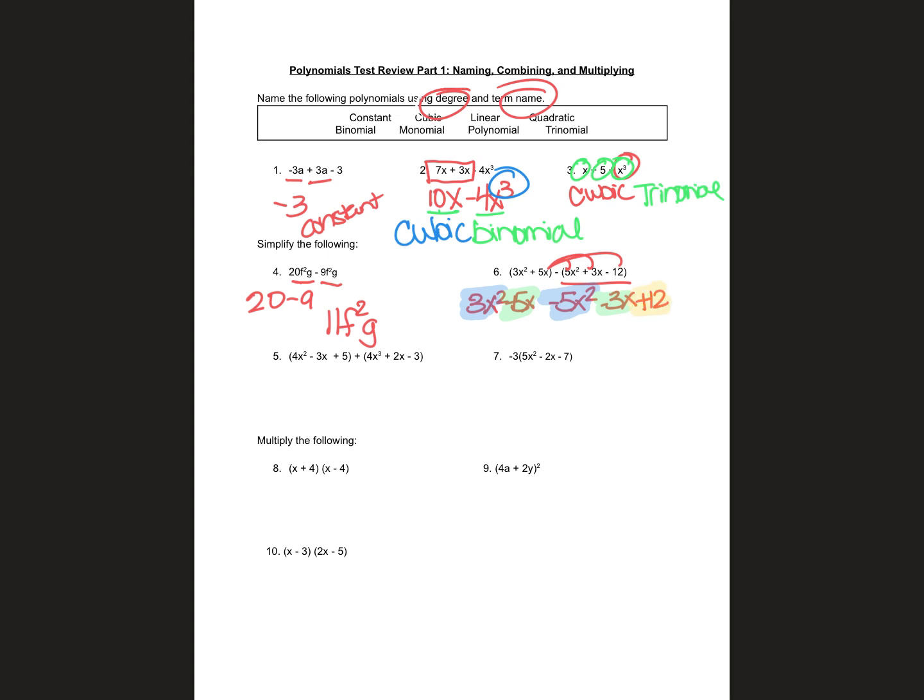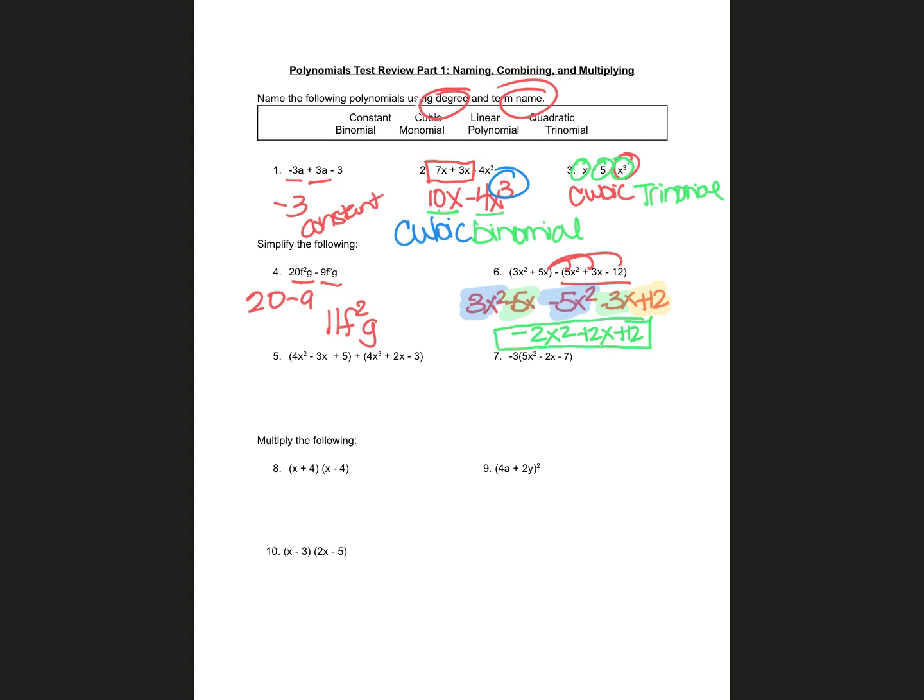So now that I've identified the like terms, I'm just going to combine them. So 3x squared minus 5x squared is negative 2x squared. Positive 5x minus 3x is 2x. And then I tack on my positive 12. That is my final answer.